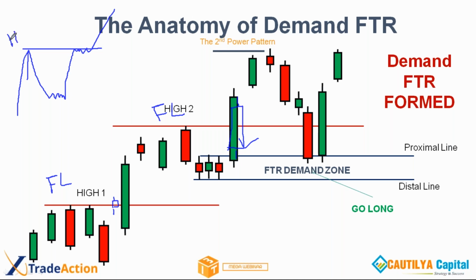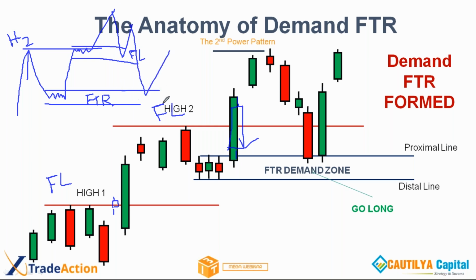No, this is H2, friends. I'm just redrawing the H2 scenario. So what has happened? H2 is formed, base formed, H2 also broken. So this is an FTR demand zone. Correct, friends? This is FTR. At the same time, your flag limit at H2 is also valid. So you can play both. When price comes here, you can trade here, and when price comes to the flag limit, you can trade that also.